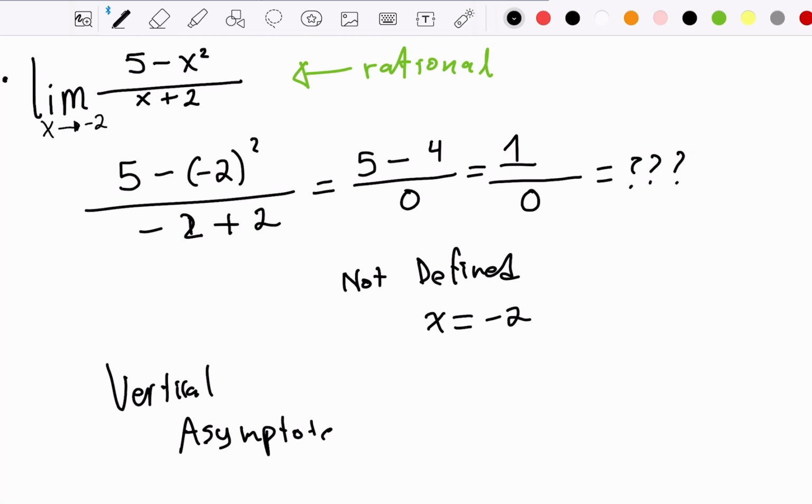What this is telling me is we have a vertical asymptote at the point -2, and because of that, there are three possibilities for the answer of this limit. The first answer is that this limit is positive infinity.